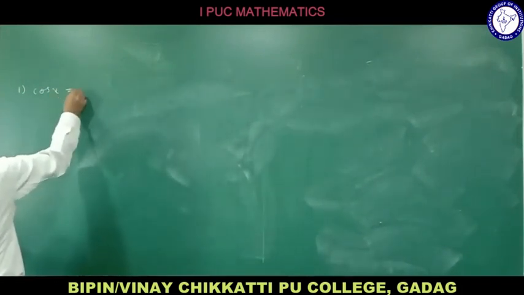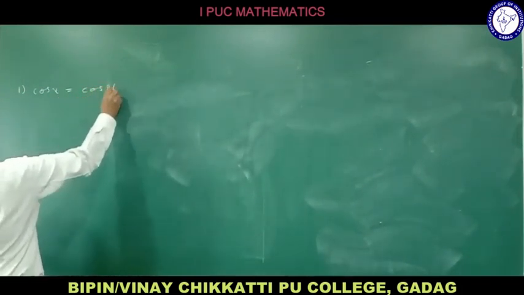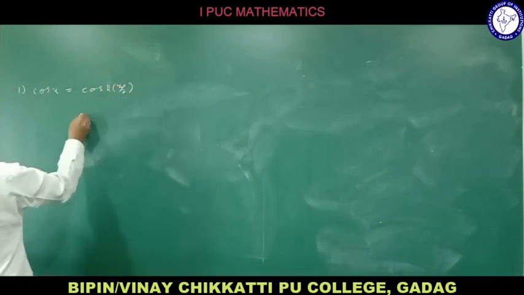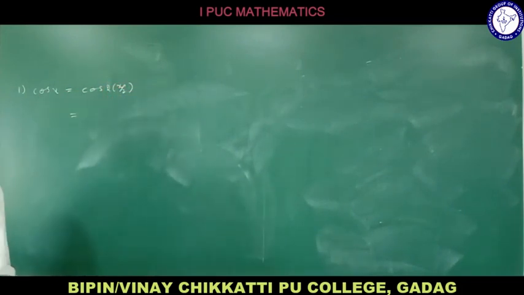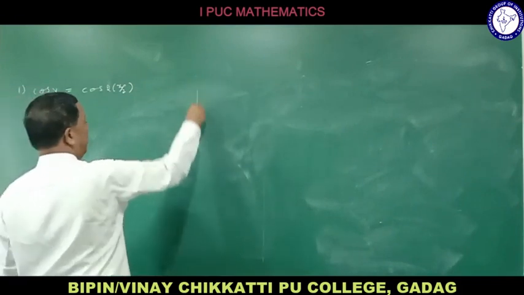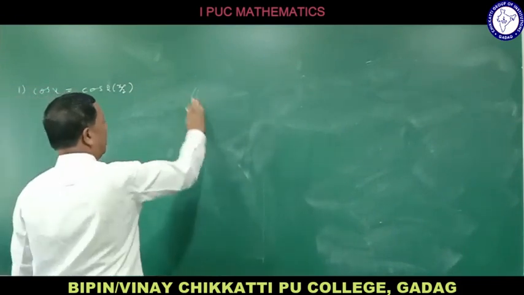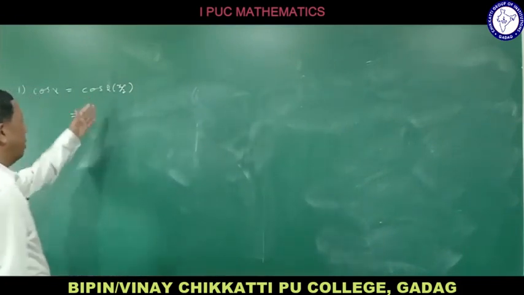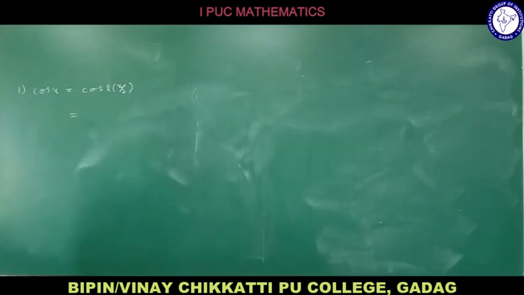So this cos x can be written as cos of 2 into x by 2. And you know the formula that accordingly you can use. Cos 2 theta, there are 4 formulae that we have seen.